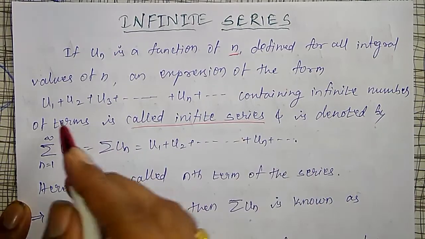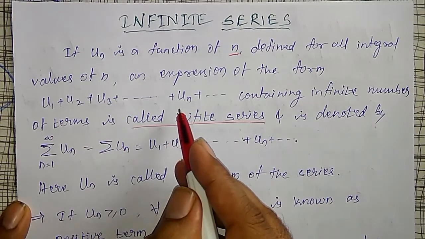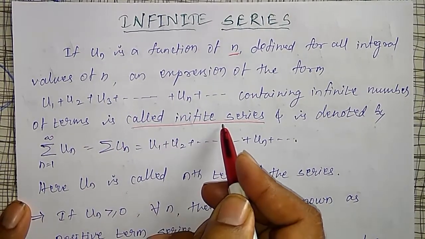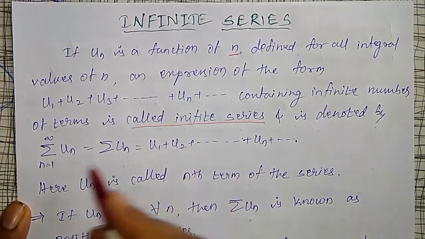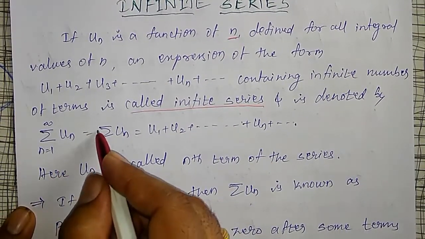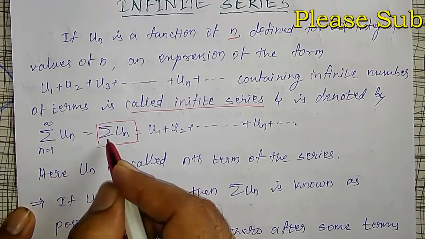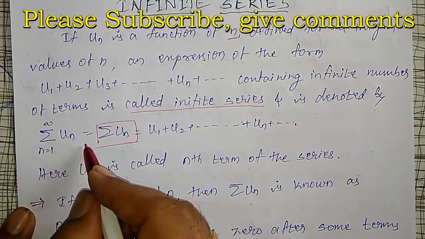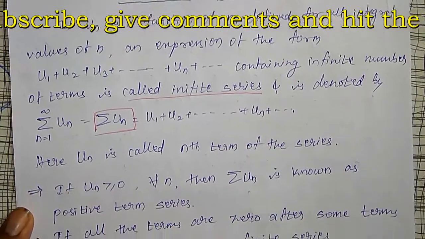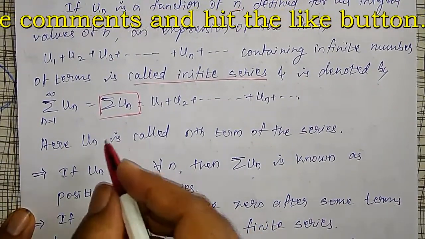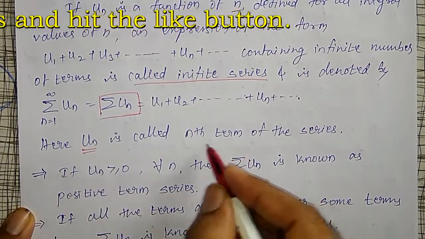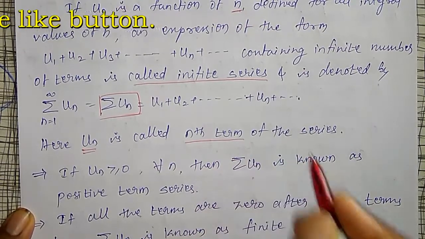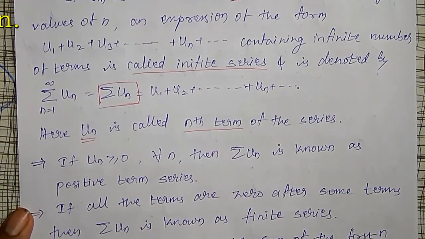The sum of all the terms in the sequence is known as an infinite series and is denoted by summation un simply, or summation n equal to 1 to infinity un. And here un is called the nth term of that particular series.